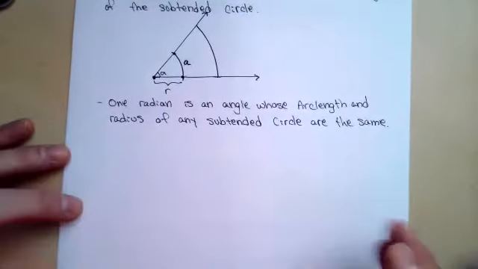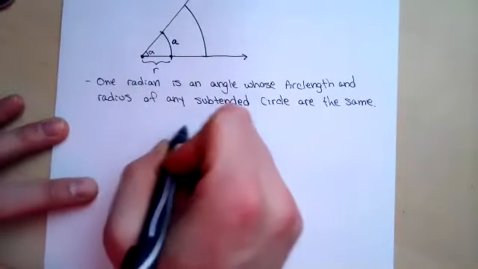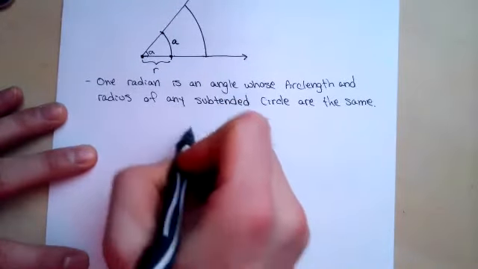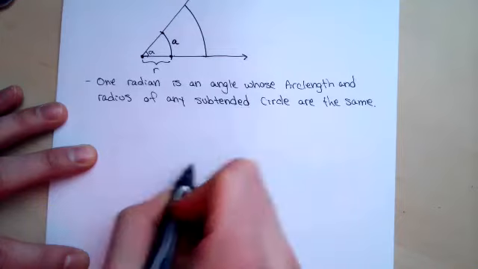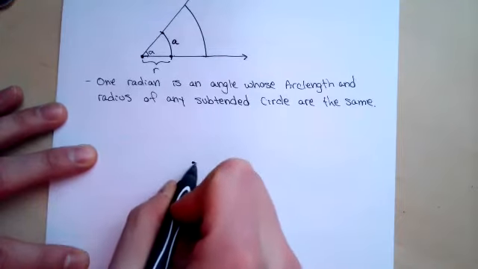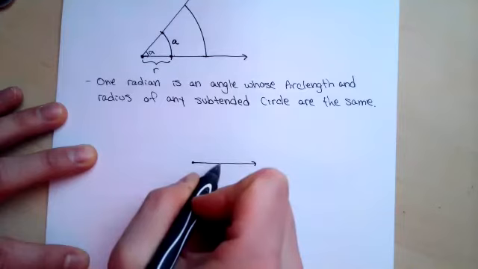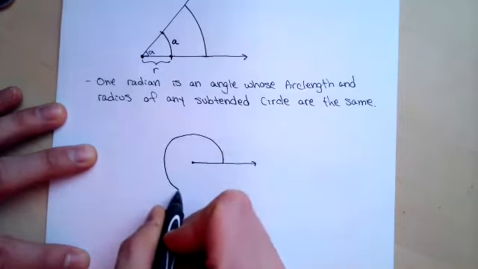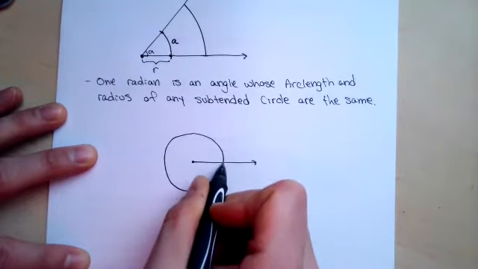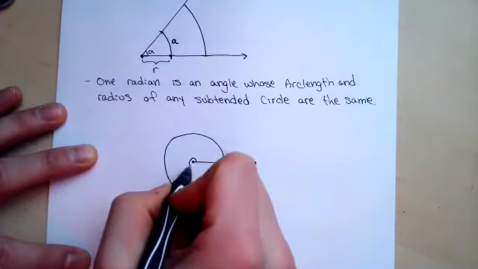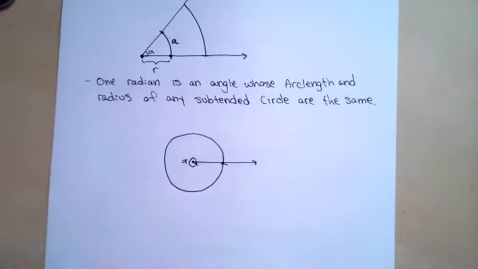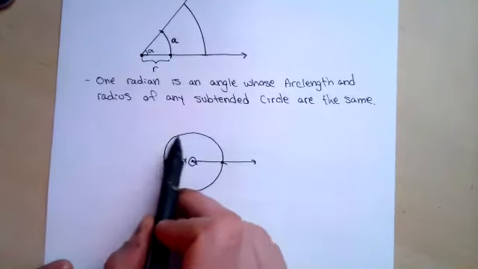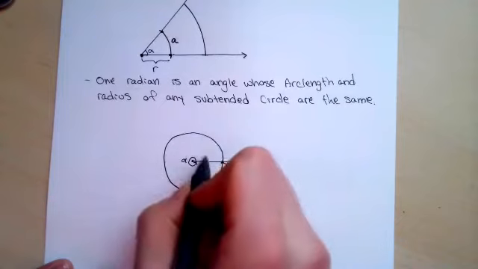And what the Greeks realized is that if we were to draw any circle, let me draw it this way, and if we were to walk around the circle, and we were actually considering that full angle measurement, then what is the ratio of the distance we walked going around the circle relative to the radius?